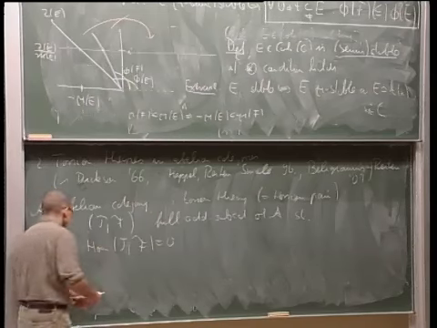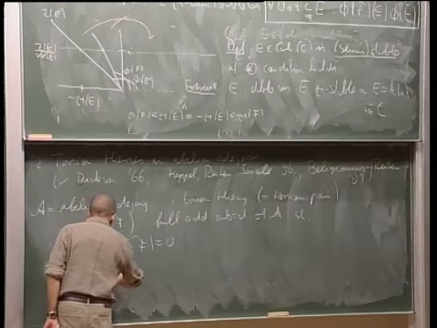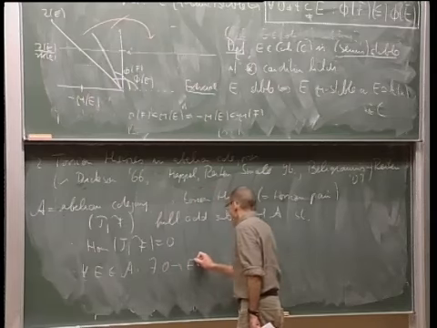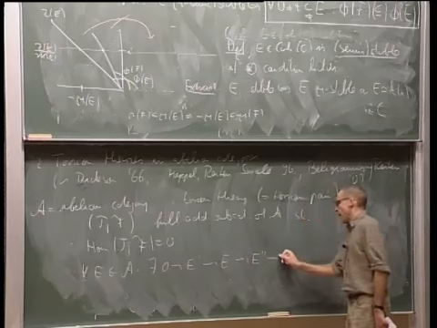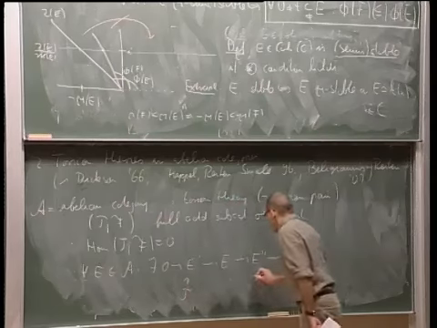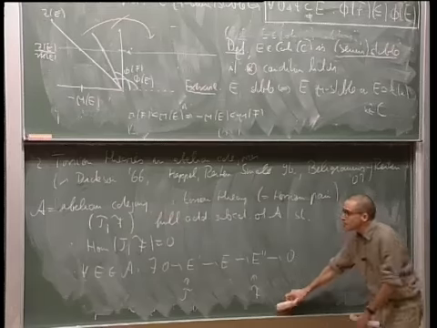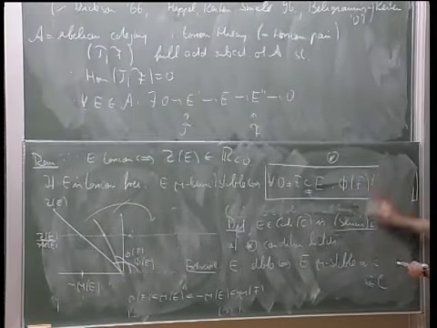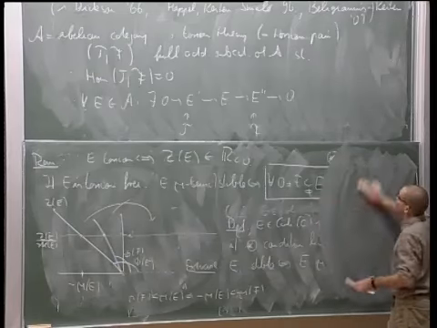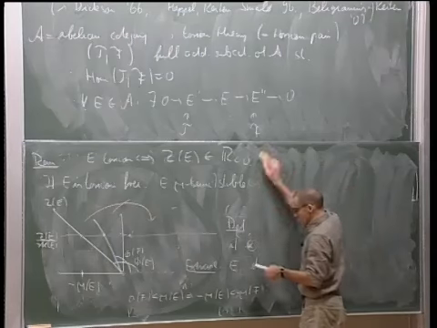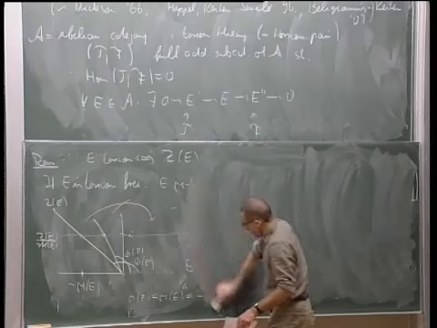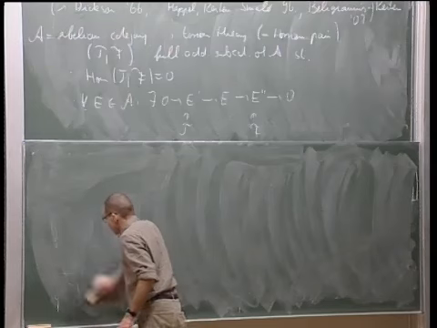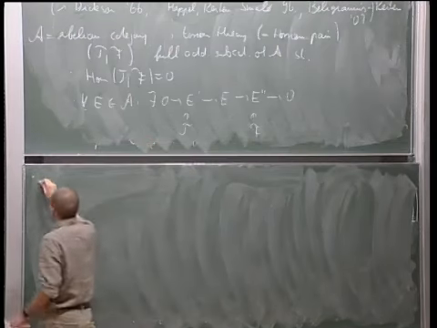And for all objects E in the abelian category, there will be a short exact sequence where the first one is in T and the second one is in F. Okay, so maybe a couple of remarks.